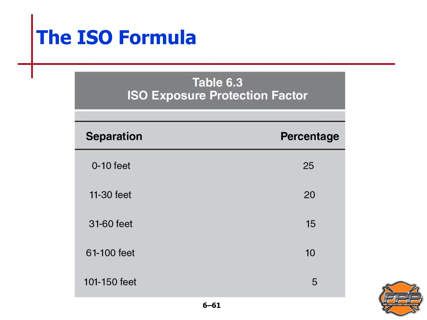So here's a table. It's table 6.3 from your book, chapter 6, obviously. This is the ISO exposure protection factor. You can see the closer it is, the more flow you're going to need, because it's going to increase that percentage need by 25%, versus the bottom of the table, which says that at 101 to 150 feet, you're going to only add 5% of fire flow need.